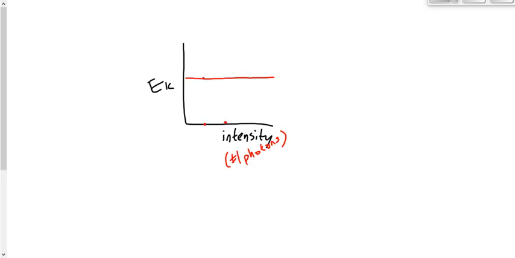If I have 2 photons, how does that affect the kinetic energy? It doesn't. If I have 1,000 photons, how does that affect the kinetic energy? It doesn't. So kinetic energy versus intensity, they're not related to each other, right? We have a kinetic energy here because we're above the threshold frequency, but as a function of intensity or number of photons, it's irrelevant.